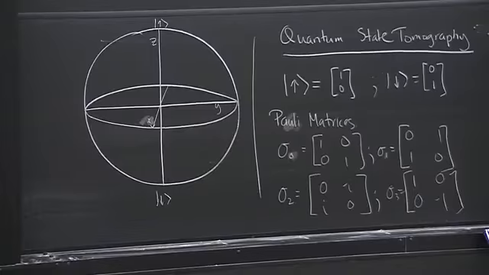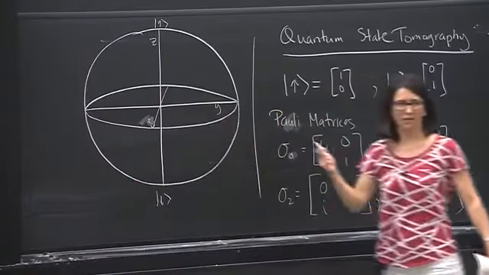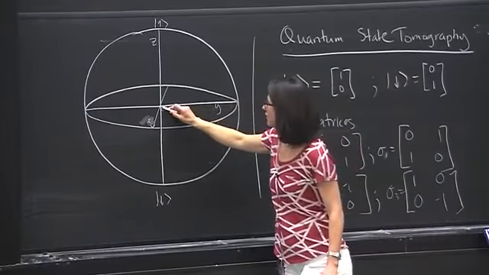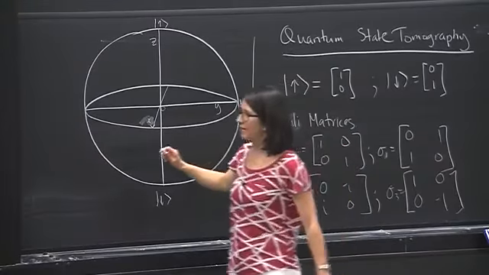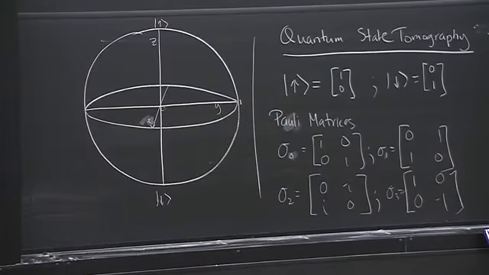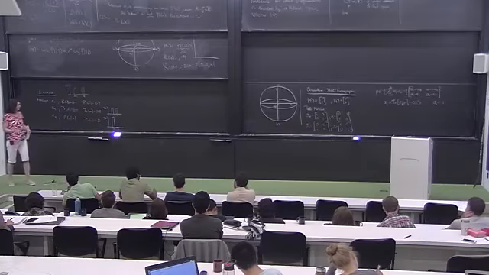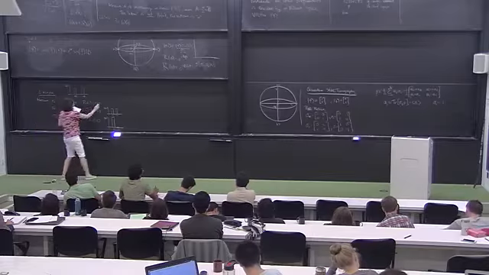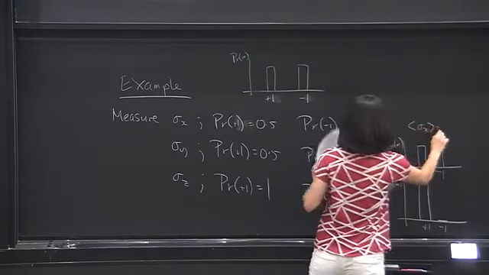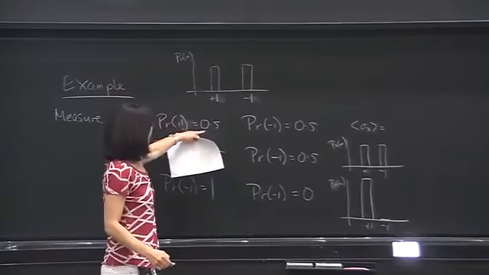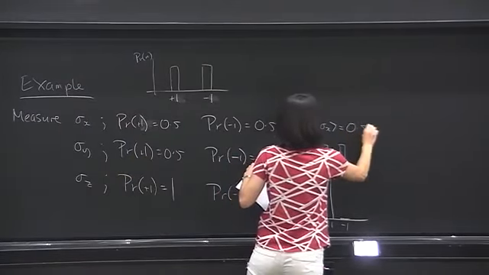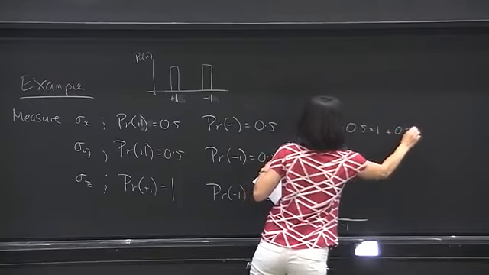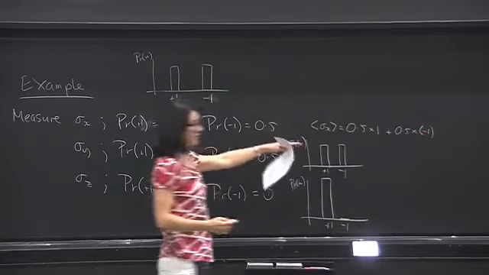So these expectation values of the Pauli operators correspond to projections onto the three axes. So if this is a unit sphere from 0 to 1, if you calculate the expectation value, you'll know the projection onto the sphere. The expectation value of sigma x here would be the probability of getting that outcome times its eigenvalue plus the probability of getting the other outcome times the other eigenvalue.